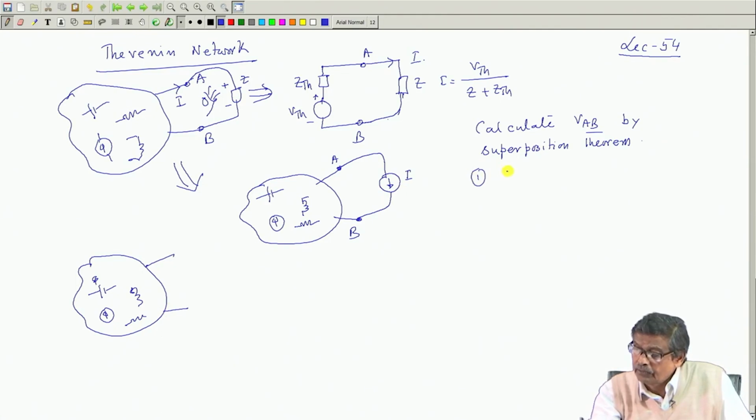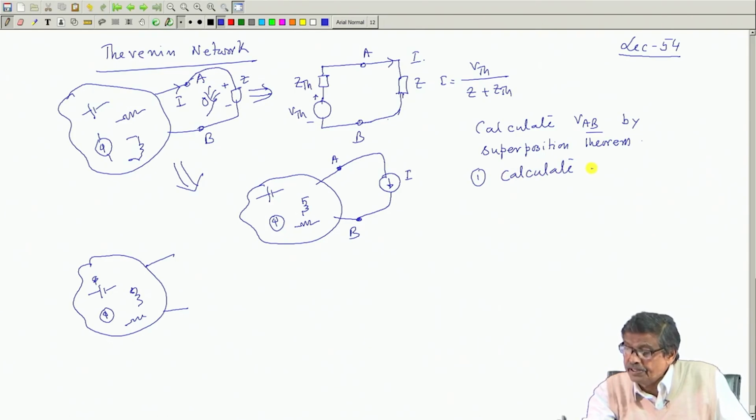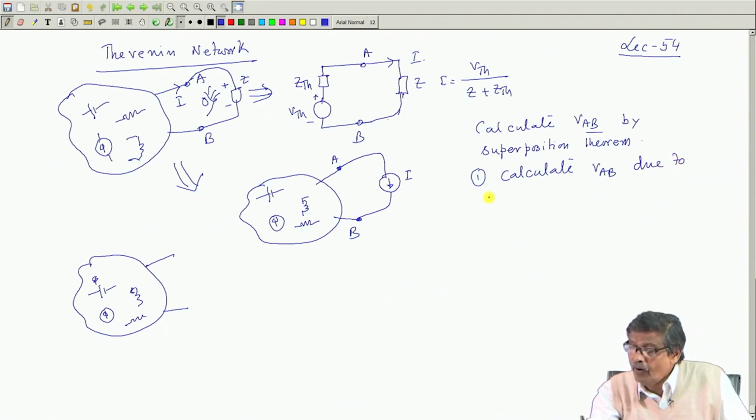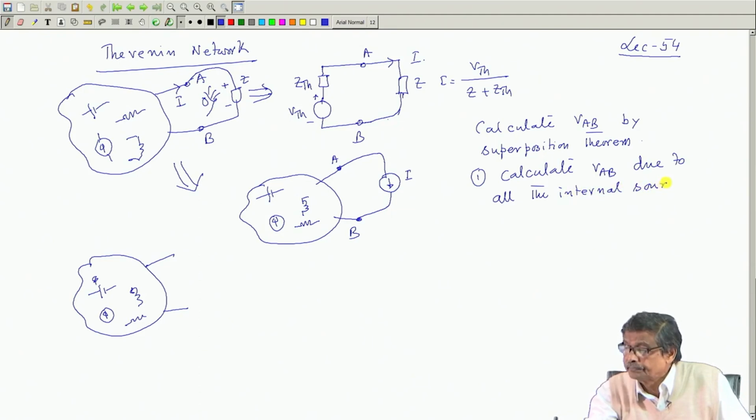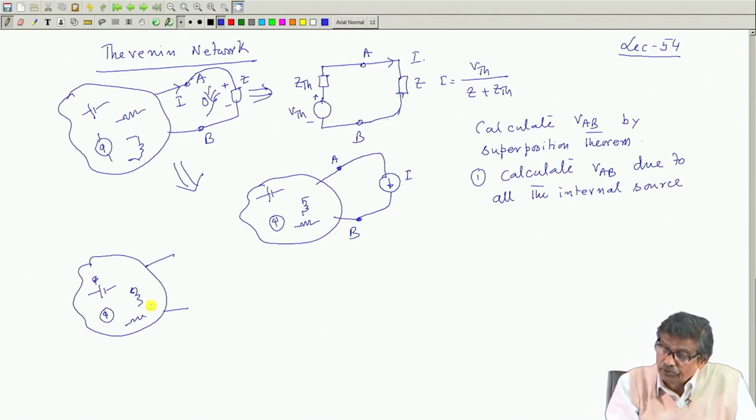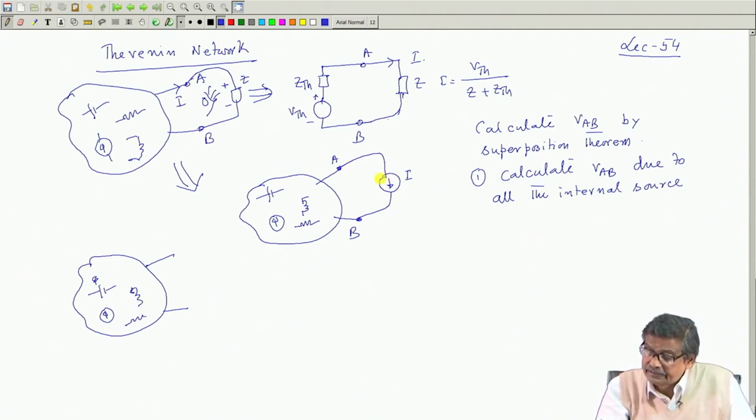First step, calculate V AB due to all the internal sources. That is, all the internal sources are present, and this current source should be replaced by its internal impedance.